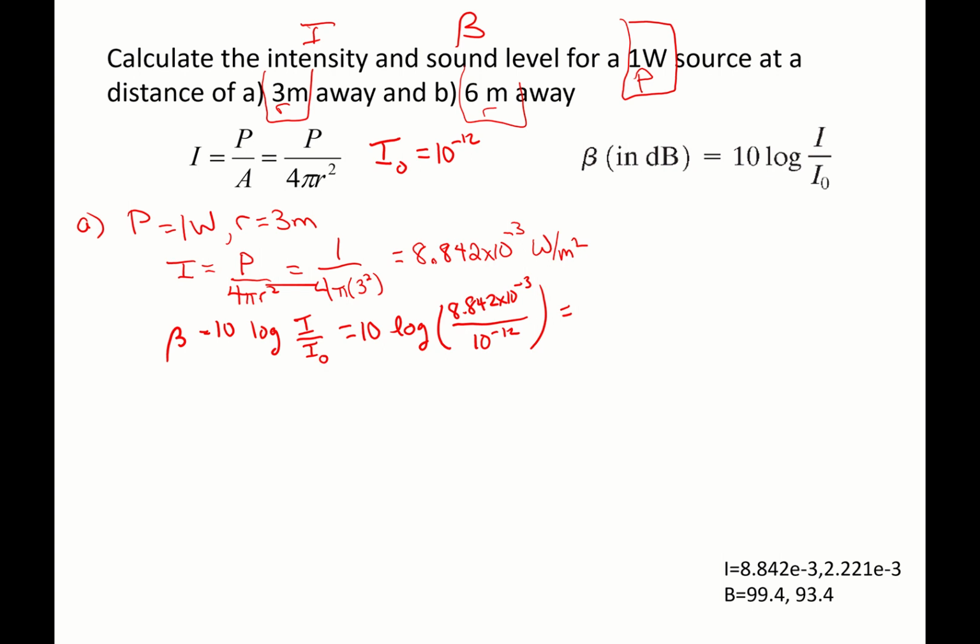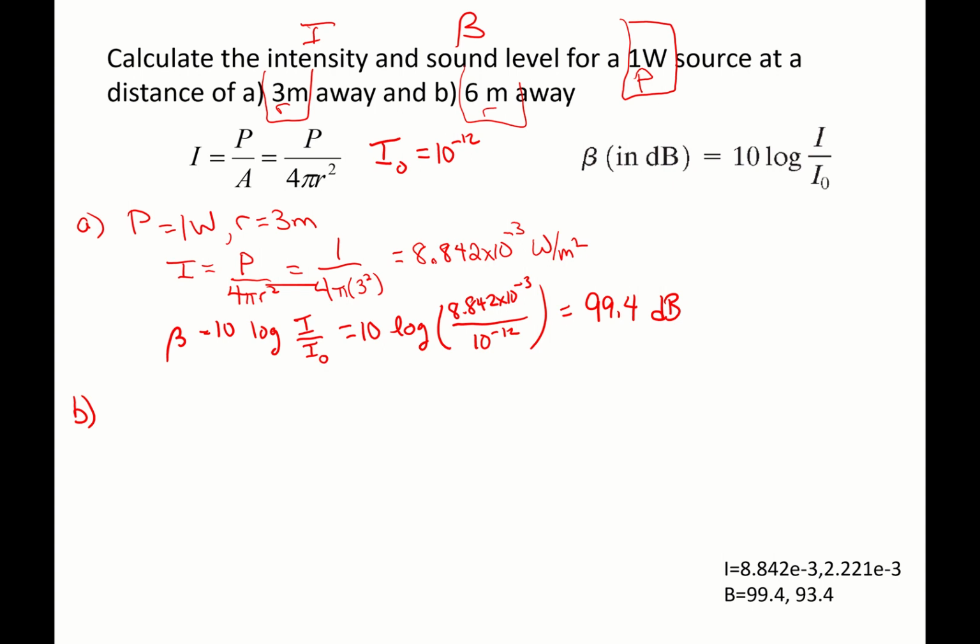And if I put that logarithm into my calculator, I get 9.94. So then I multiply by 10, and I get 99.4. And what's the unit? It's a decibel. Okay, so that was basically plug and chug.